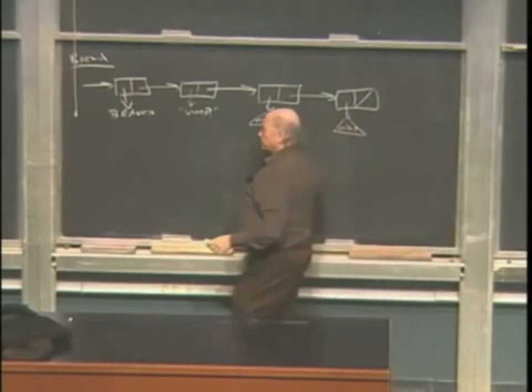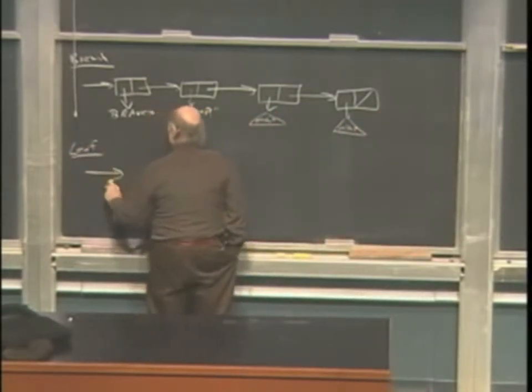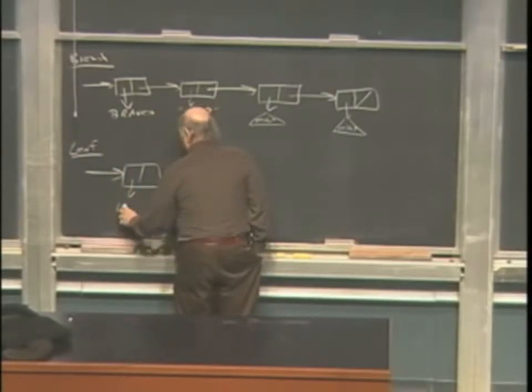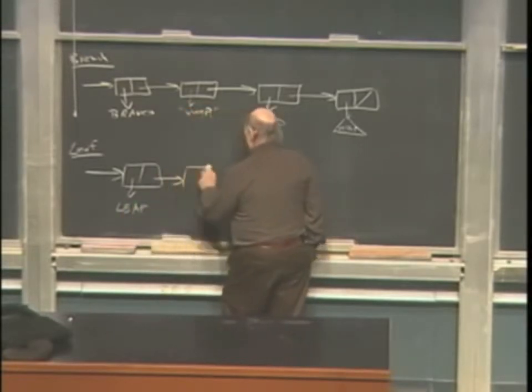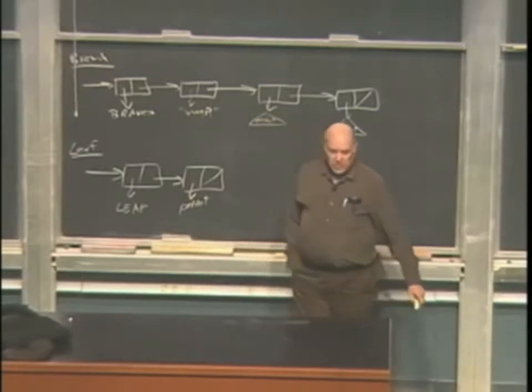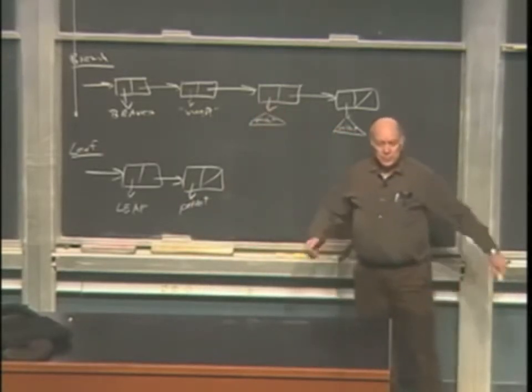Now, the leaf nodes look like the word leaf, and then the animal. Okay, so this is using type tagging to distinguish branches from leaves.